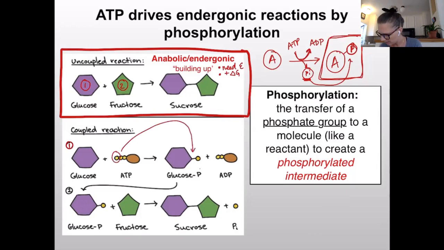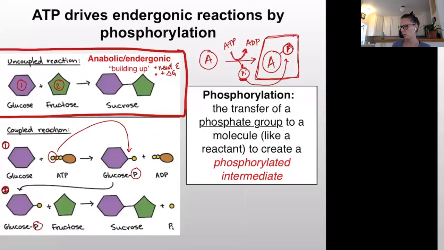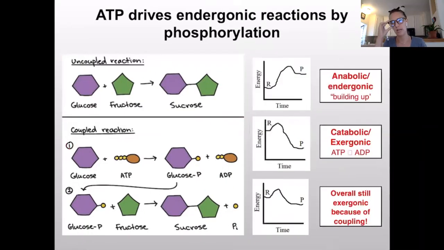So now we have a phosphorylated glucose with a little phosphate group. The second reaction is that this phosphorylated glucose is now able to react more easily with fructose to make sucrose. And I'm going to show you that in a little more detail here with these free energy diagrams.